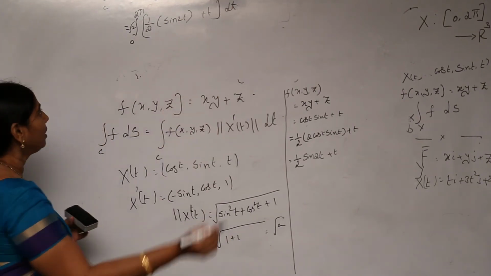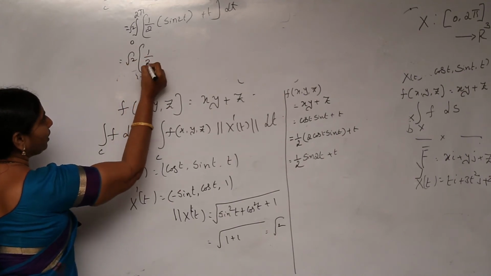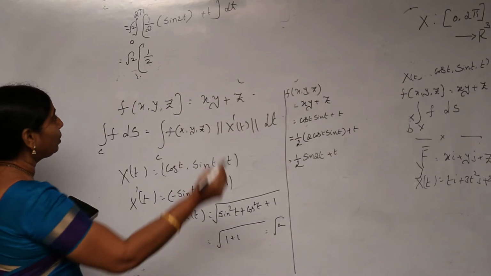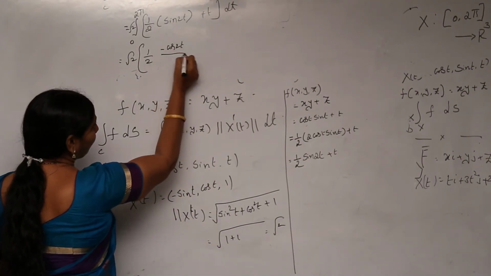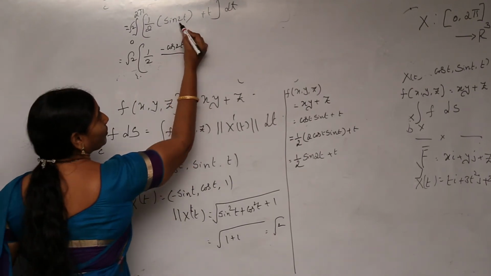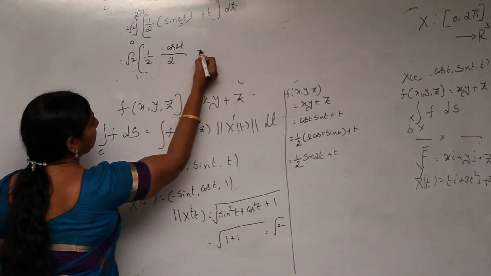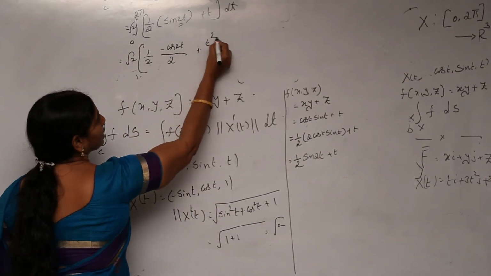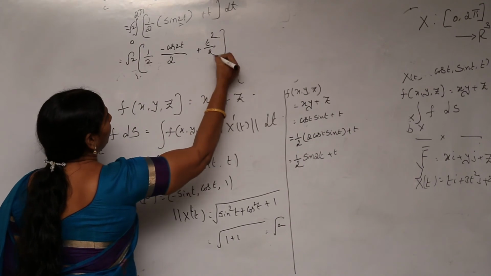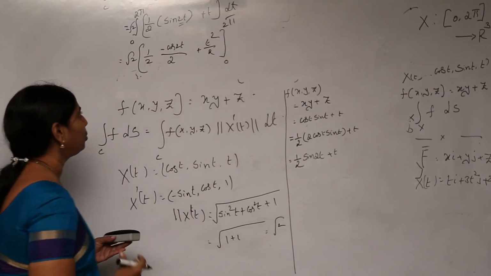Now integrate with respect to t. This is root 2 times half times the integral of sin 2t, that is minus cos 2t divided by the derivative of the inner function 2t, which is 2, plus the integral of t, that is t squared by 2, between the limits 0 to 2 pi.